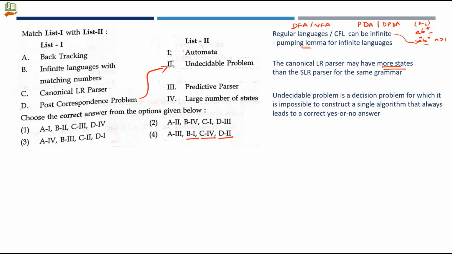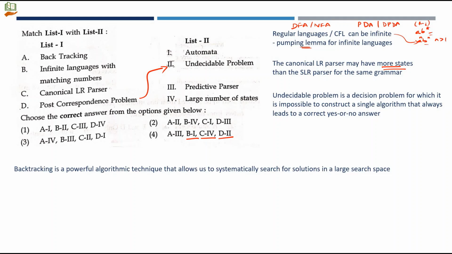What about backtracking? Backtracking in general is a powerful algorithmic technique that allows us to systematically search for solutions in a large search space. This search space will be called a state space tree, where there will be a large number of states. So A can have an option of 4. There is a possibility. So this is with regard to general backtracking.